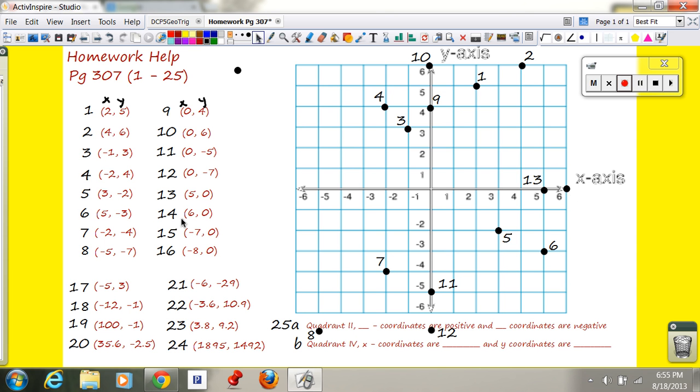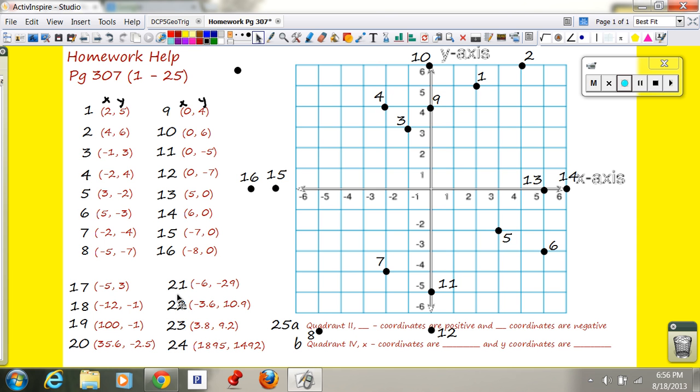There's 14. Number 15 is negative 7, 0, so I have to go over negative 7 and up 0. Negative 7 is going to be way out here. That's 15. And then 16 is even farther out. Negative 8 and then up 0. That's going to be way over here, 16.